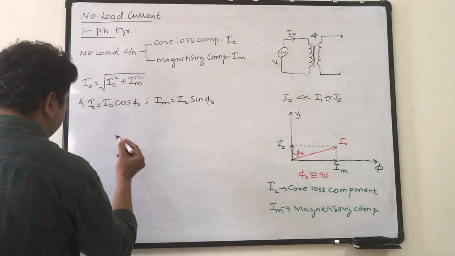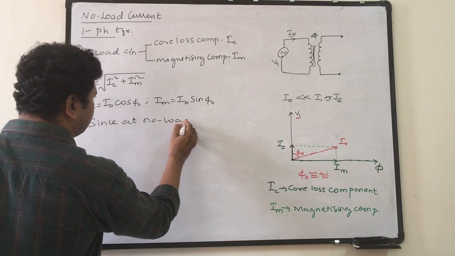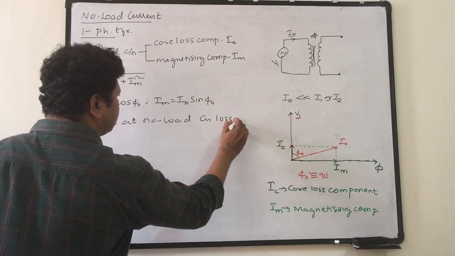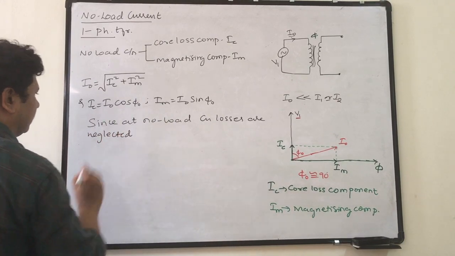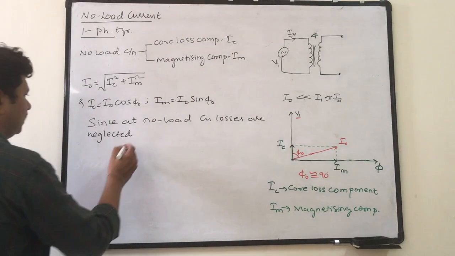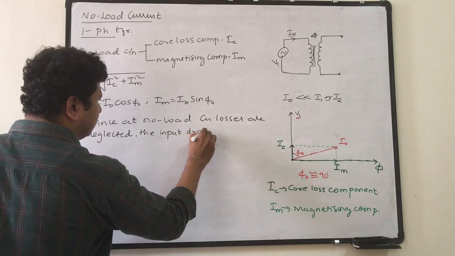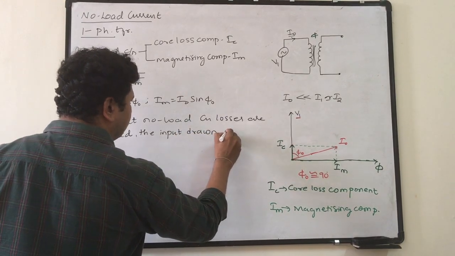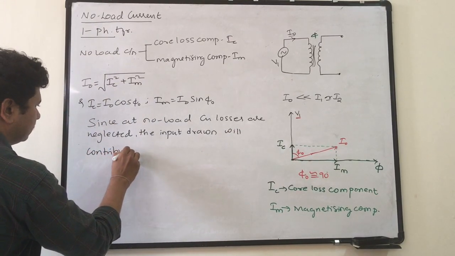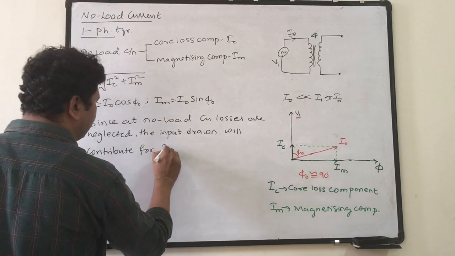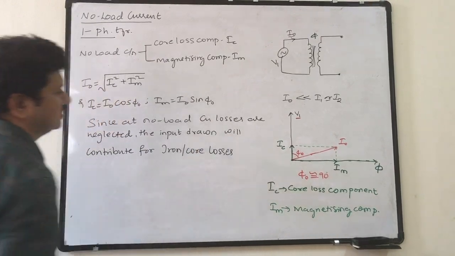So therefore, you can write, since at no load copper losses are neglected, the input power drawn will contribute for iron or core losses.